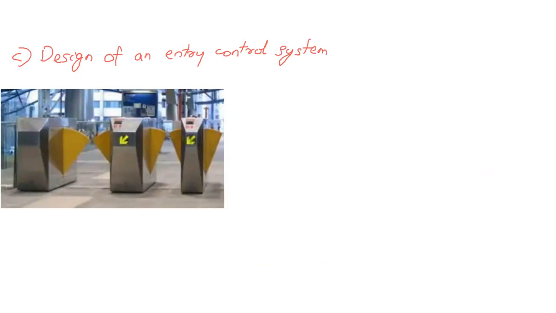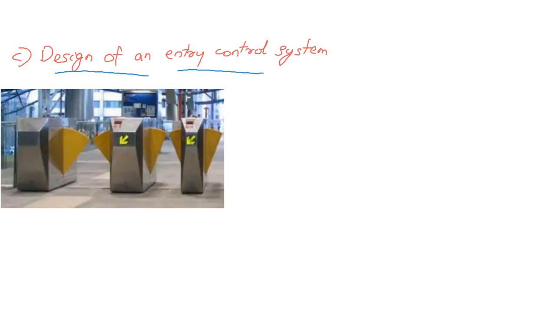Now let us look at another example. This is going to be very interesting and also a real time example. We are looking at the design of an entry control system. Normally we see this in metro railway stations. We take a ticket to enter the platform.